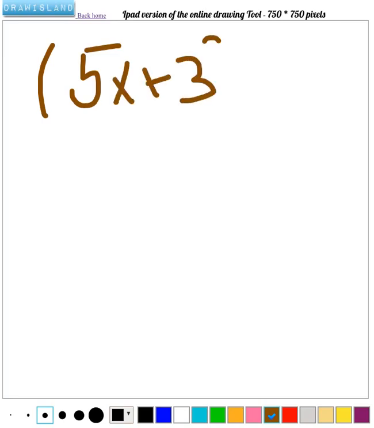Let's do 5, open parentheses, 5x plus 3 to the power of 2, times 7x minus 4.